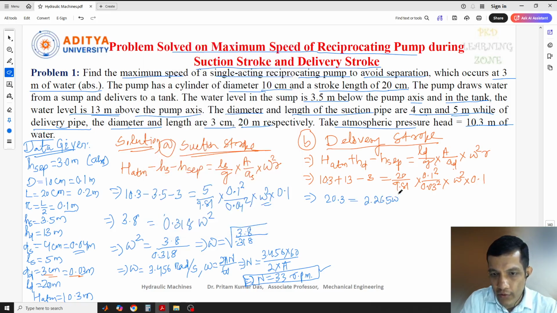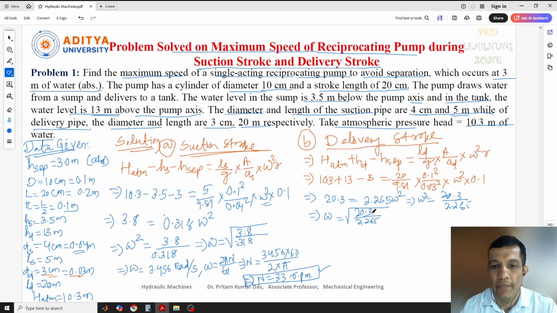So similarly I can write here omega square equal to 20.3 divided by 2.265. And similarly here again you can write the same statement, omega equal to root over of 20.3 divided by 2.265. Now we will find the value of omega here.